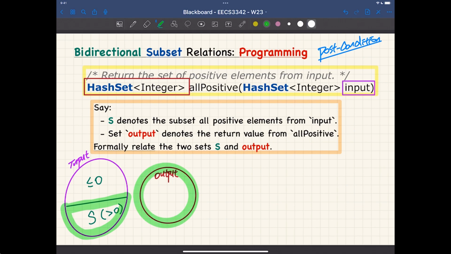Let me recap. The post condition, to really put it formally, you have to somehow say this. The return value for this method here is a set. That one there should be exactly equal to the part of the input that is larger than 0. No more and no less.